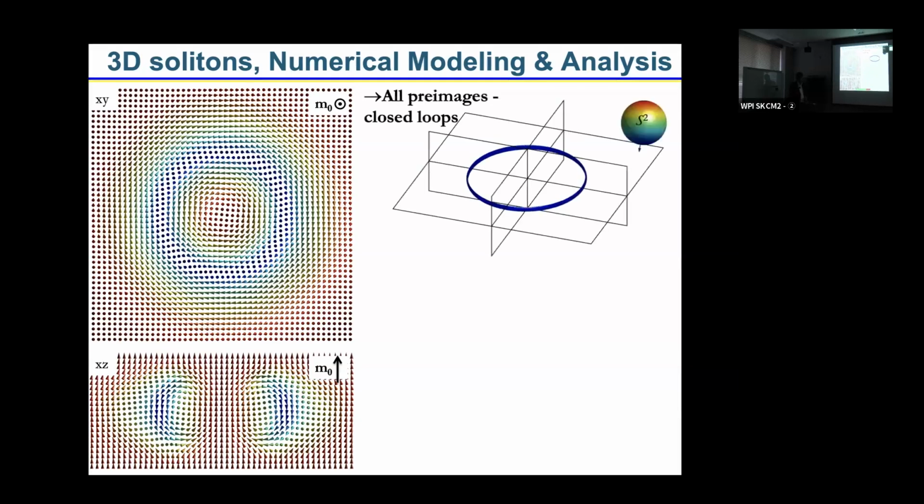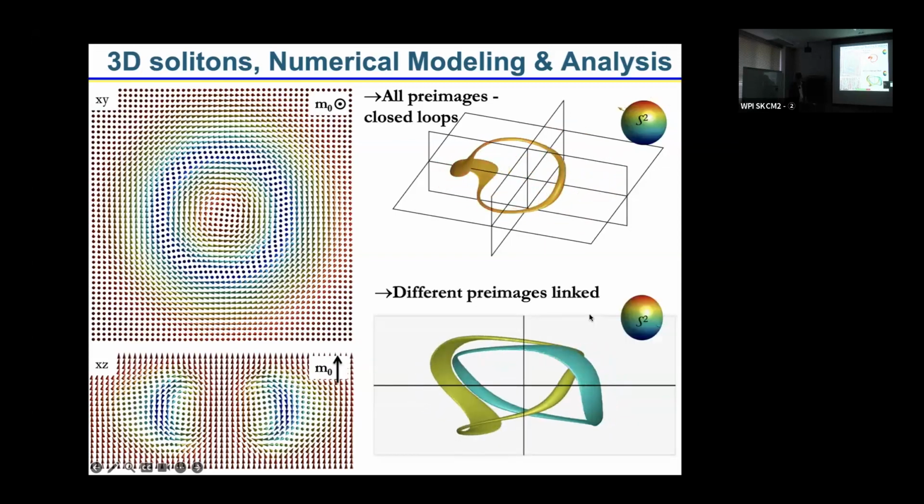So now this whole three-dimensional configuration, of which we saw here only two cross-sectional planes, has the property that for every point on the order parameter space, we have a region in space in R3 that has a topology of a closed loop or circle.